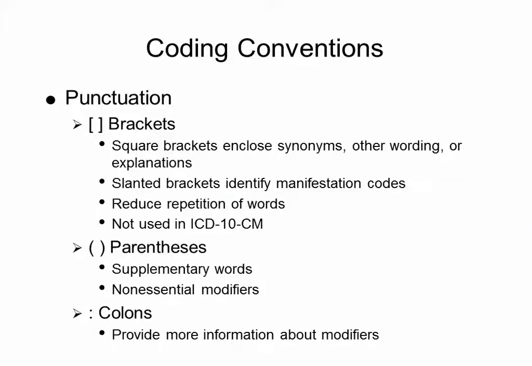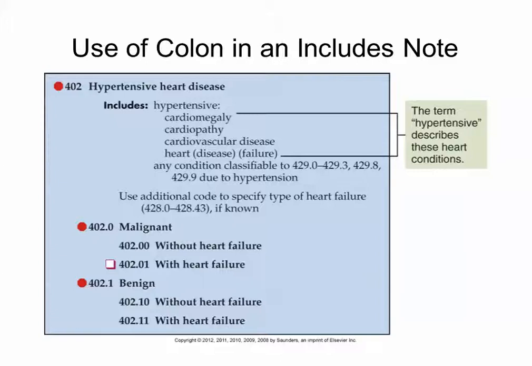The next thing we have are colons. Colons provide more information about modifiers. So they're used in the tabular list when you have an incomplete term that needs more modifiers to follow the colon. So let's say we have a term. Here we go. Hypertensive heart disease, 402, includes, see the colon right there?